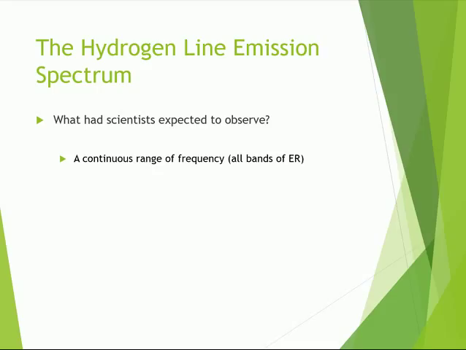Now, it's important to point out that at this point that particle idea of light wasn't fully in place. And so if electromagnetic radiation exists on a smooth spectrum, we should see a continuous frequency, every band, all colors, not 4. There should be an infinite, smooth transition. But obviously, that's not what they saw.